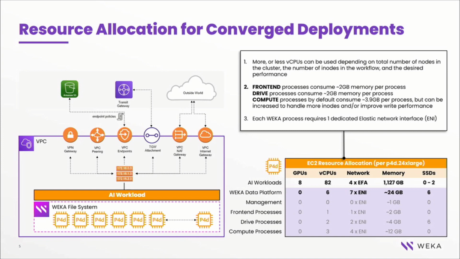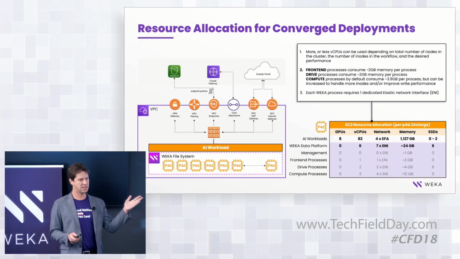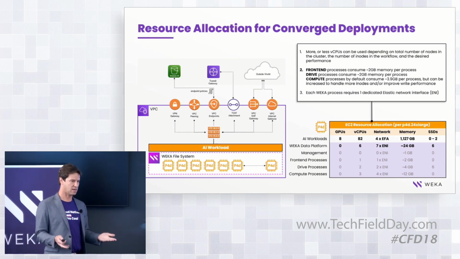We are going to use 6 cores here, 7 of the ENIs, and there are EFAs, which are a newer type of network card that AWS provides, those and only about 24 gigabytes of RAM. If you remember, in the i3en.6xlarge there was 192. We use as much as possible, but we don't really need it. We can deal with very little. So less than 10%, and we can create a WEKA cluster.